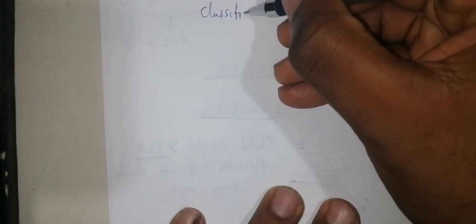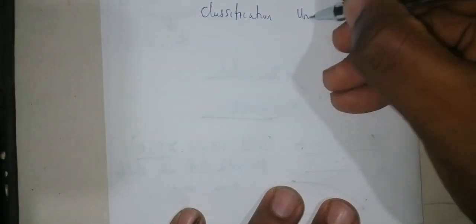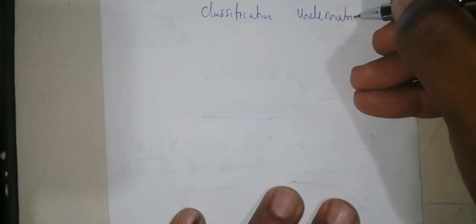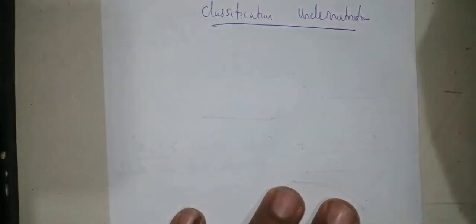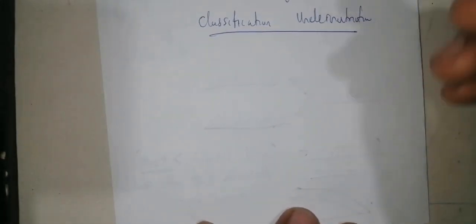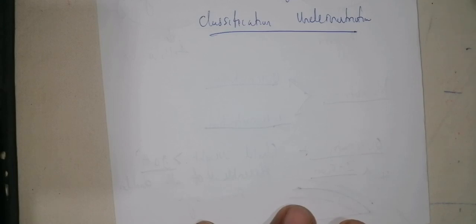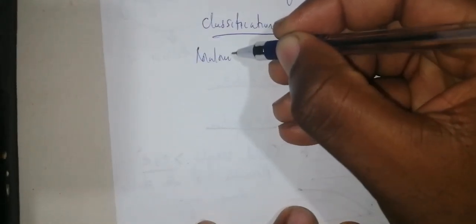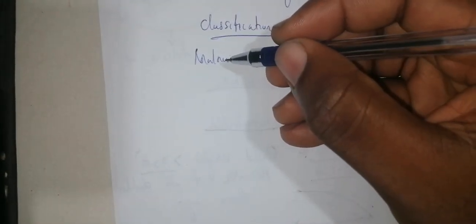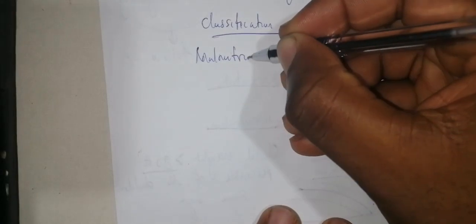Hello, in this tutorial we're going to continue now with the classification of undernutrition. Generally, you need to know that, strictly, as we've said, malnutrition is not undernutrition. But for the sake of our tutorial, and also in many textbooks, malnutrition is going to be considered as undernutrition.